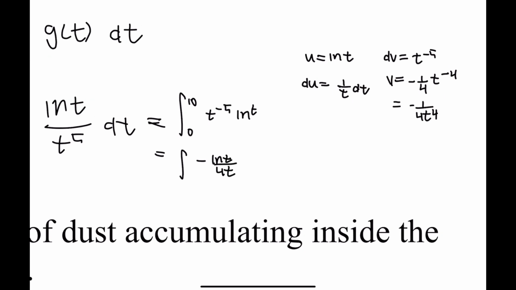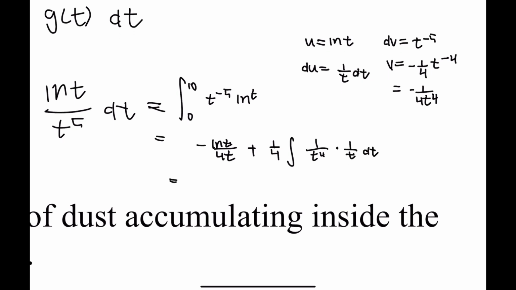The minus is not actually minus because we have negative 1/4, so plus, and then 1/4 comes out, and t to the negative 4th times t to the negative 1 dt.